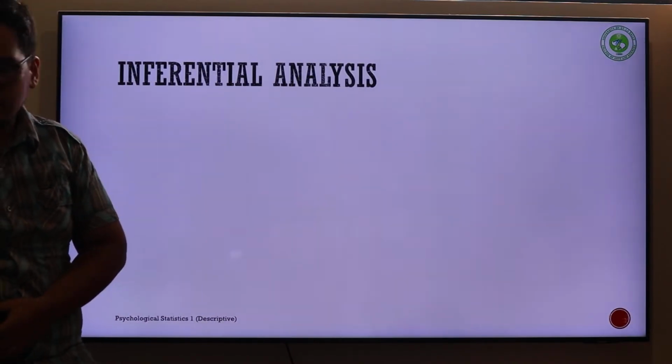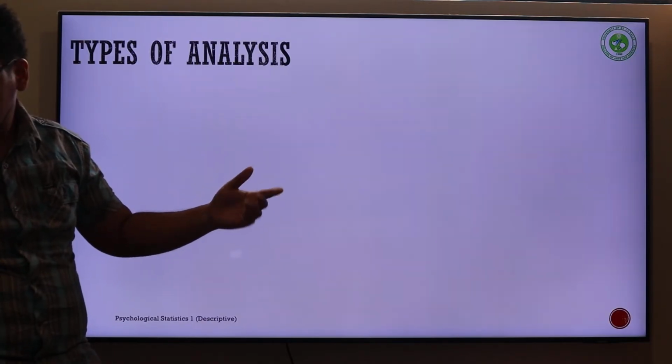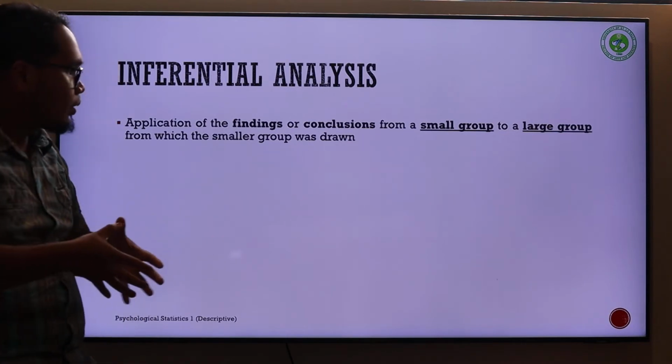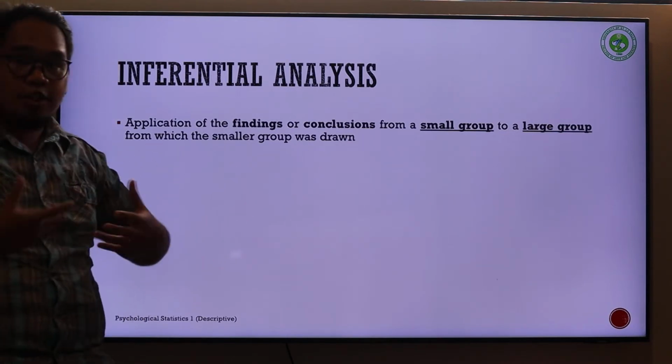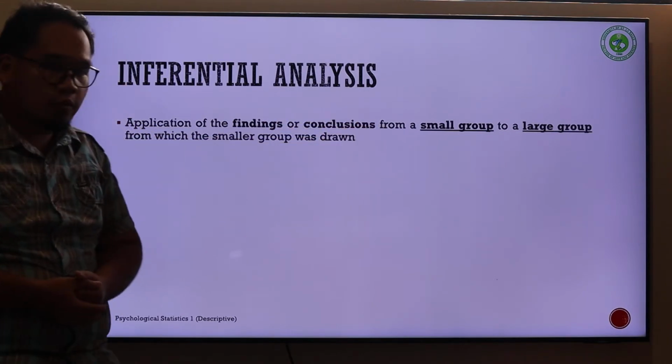Whereas in inferential analysis, the application of the findings or conclusion from this small group can be applied, or must be applied, shall we say, to a large group from which the smaller group was drawn.